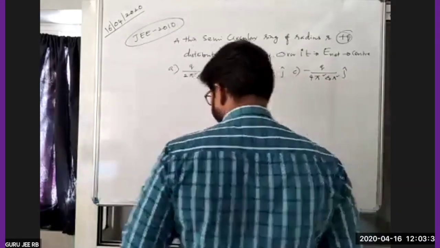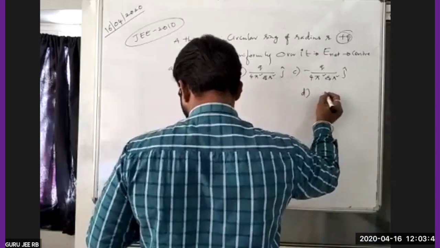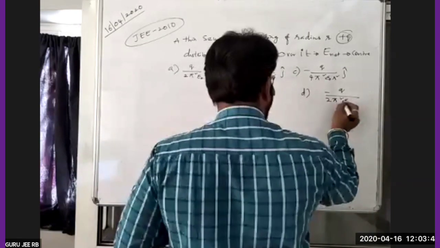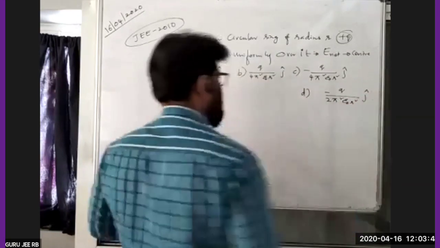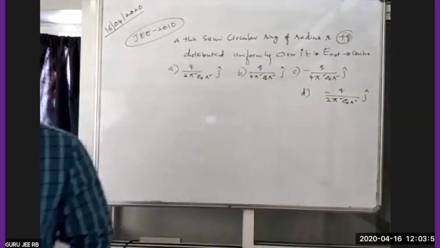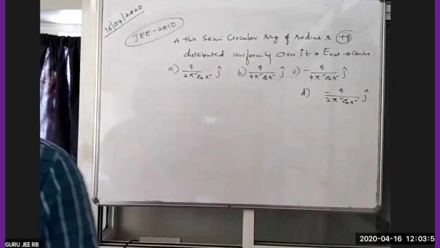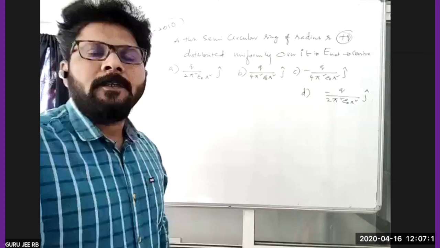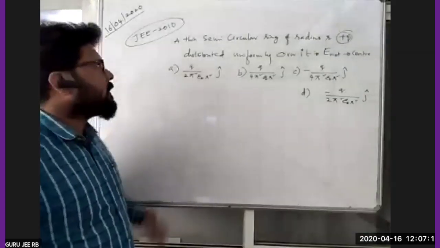Option D: minus Q by 2 pi square epsilon naught r square j cap. Let me give 3 minutes time. This was given in JEE 2010.